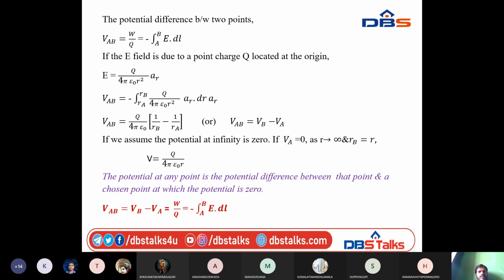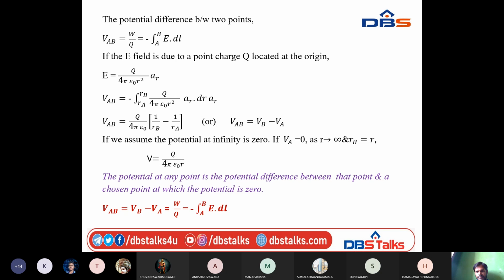Work is defined as the integral of E dot dl for moving my charged particle from A to B. We already know the E value, so I can substitute it, perform the integration, and finally find the electric potential.